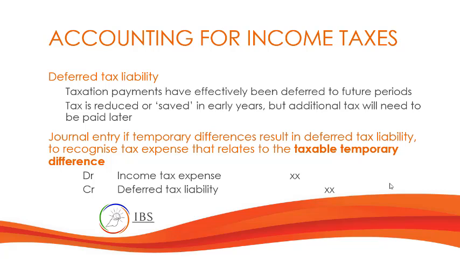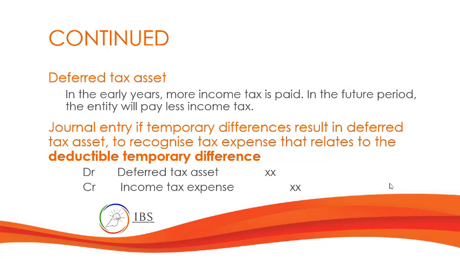So the journal entry to recognize deferred tax liability will be debit income tax expense and then credit deferred tax liability. Now with regards to deferred tax asset, the opposite will happen. You paid, in effect, you are paying income tax ahead of the accounting period. So the journal entry here is the debit deferred tax asset and then credit income tax expense.